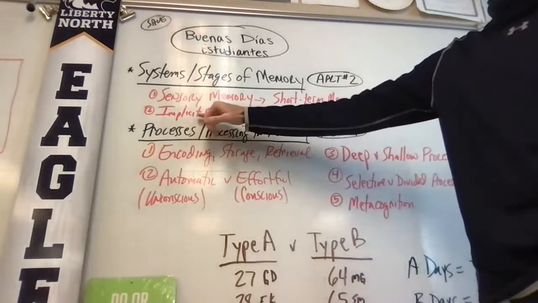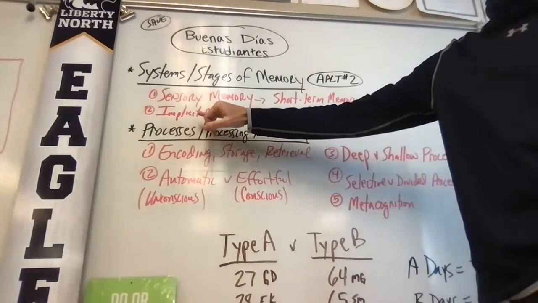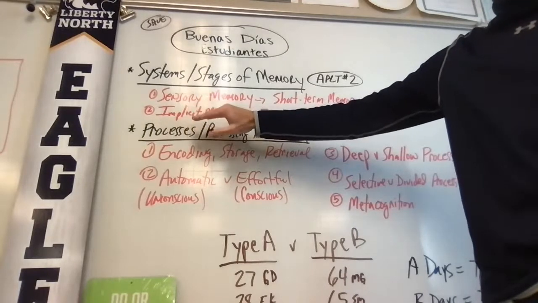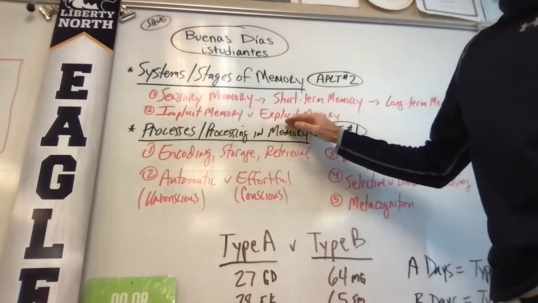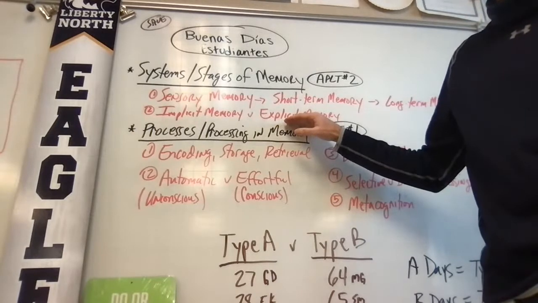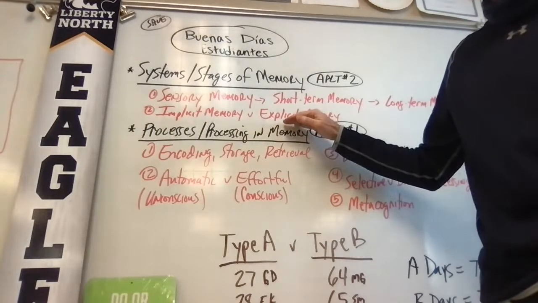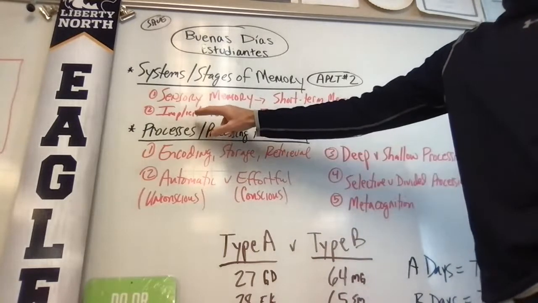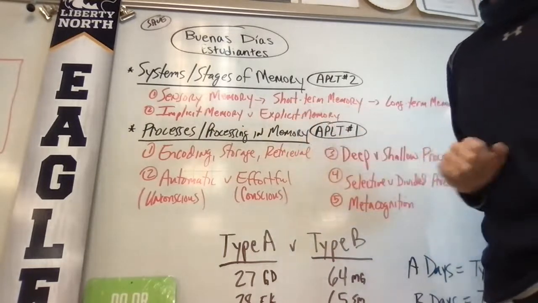Implicit is behavioral stuff that I need to survive, and explicit is information and facts that I don't necessarily need, but I want. This is called declarative memory. So it's kind of like automatic versus effortful as well.